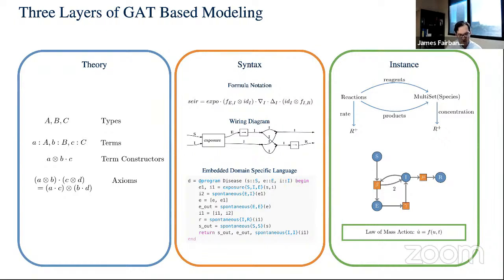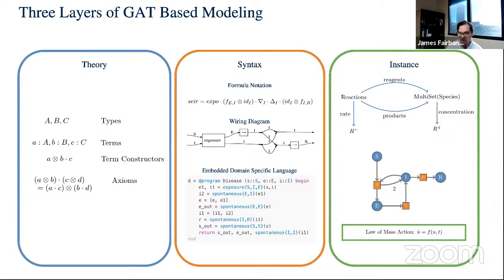So you have types, terms, term constructors, type constructors, and axioms in the theory. Then we have a variety of syntaxes, which you might think of as initial algebras for these theories. And these syntaxes are a formula notation, a string diagram notation, and a programming language syntax notation. And they all have different benefits.